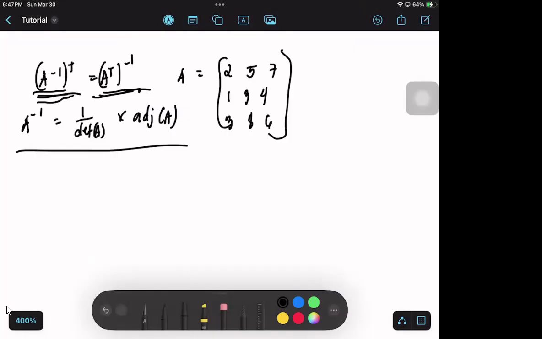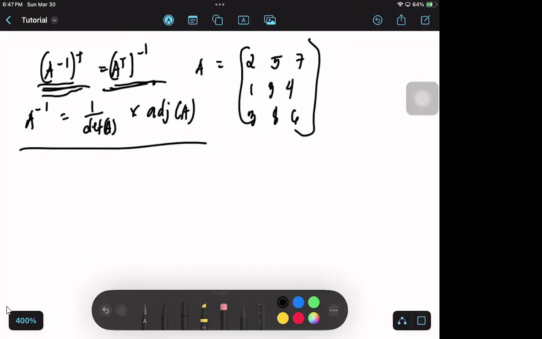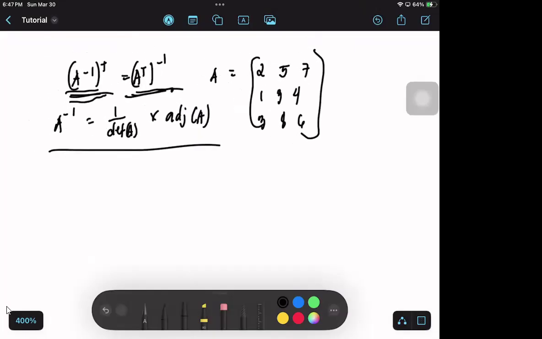So how to do it, by the way: we cannot solve this if you are not able to get first the determinant and the adjoint.